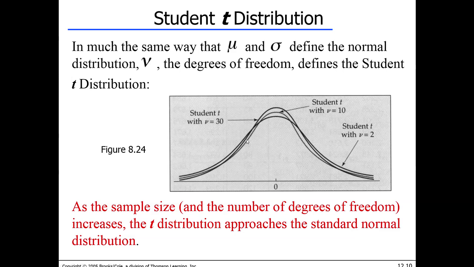Then it becomes more pointy, so to speak, right? Then 30 degrees of freedom, and it becomes even more pointy. So the point here is that as you get bigger and bigger samples, the shape of the student t-distribution becomes closer and closer to the standard normal, the z distribution.